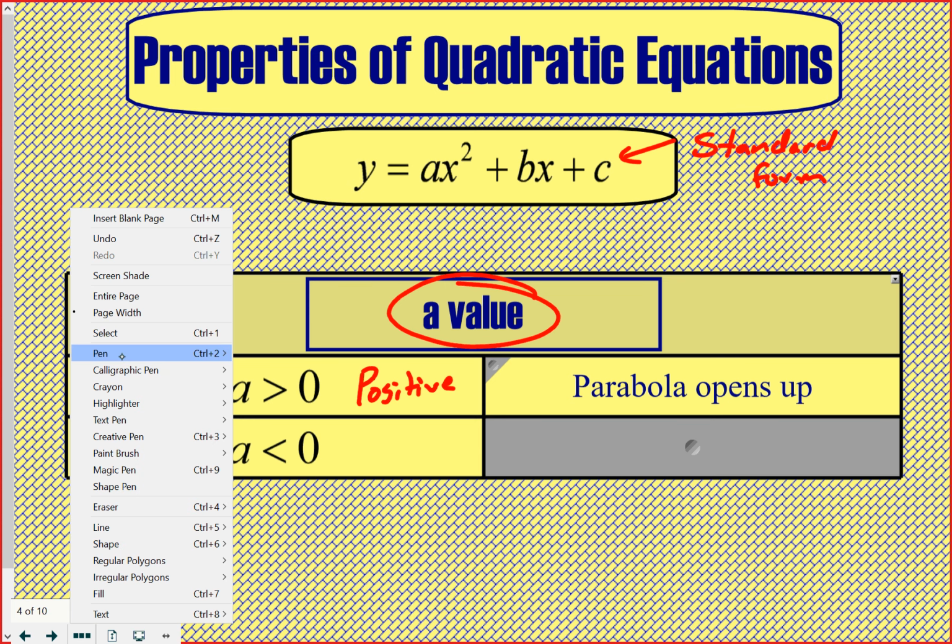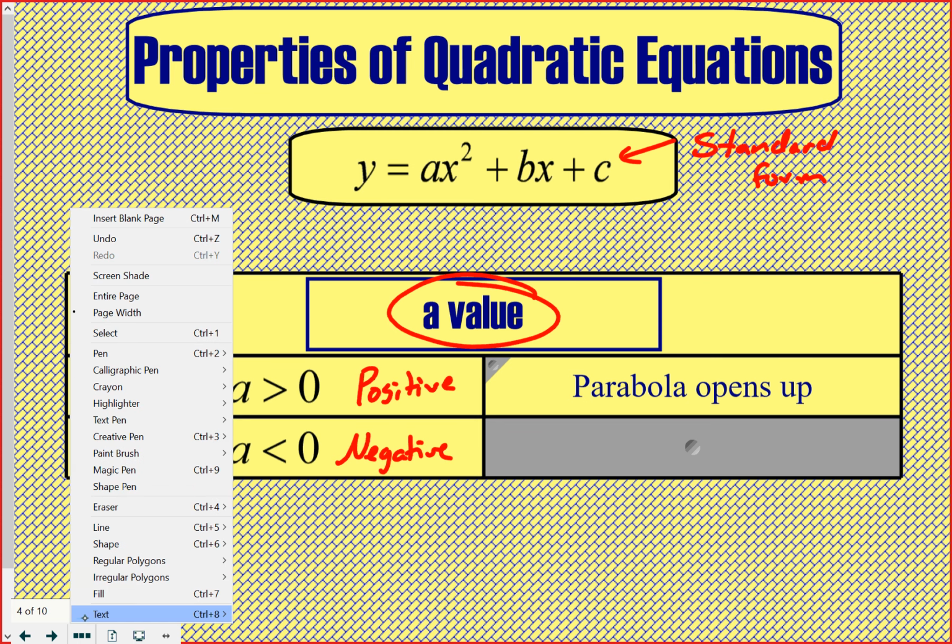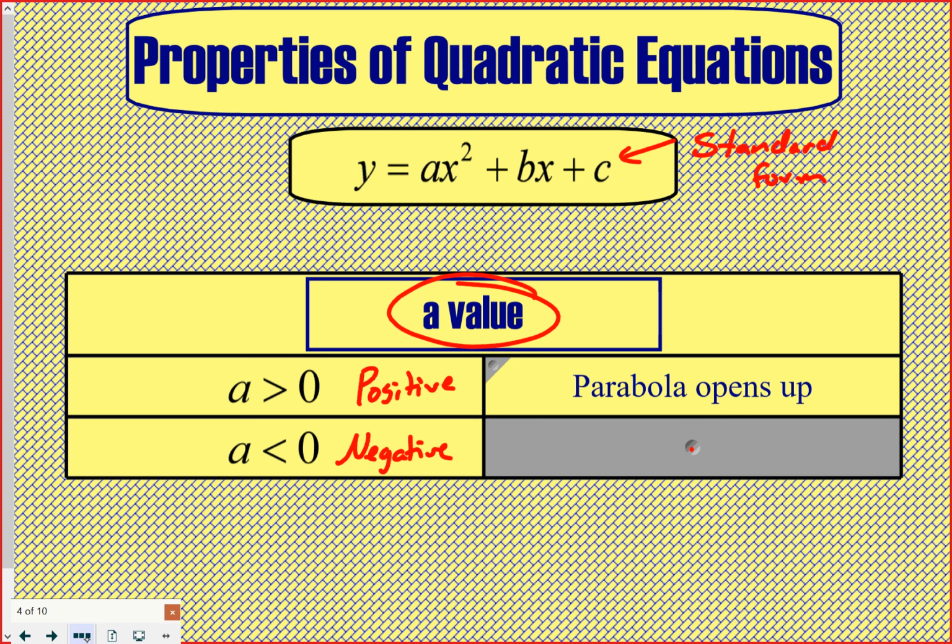If my a is less than 0, or should I say negative, I know that my graph here is going to open down, okay?